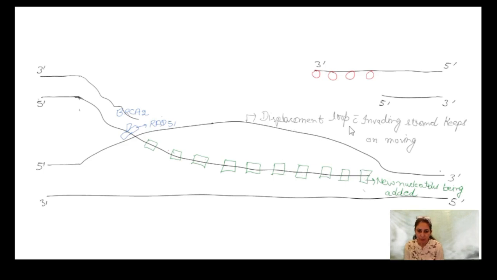This displacement loop is formed in the homologous chromosome due to the unwinding of the homologous chromosome and incorporation of a new strand in it. This displacement loop keeps on moving as newer and newer nucleotides get attached here. Ultimately, all the lost nucleotides get attached here. Then with the help of the enzyme DNA ligase, this strand gets attached to its parent remaining strand.